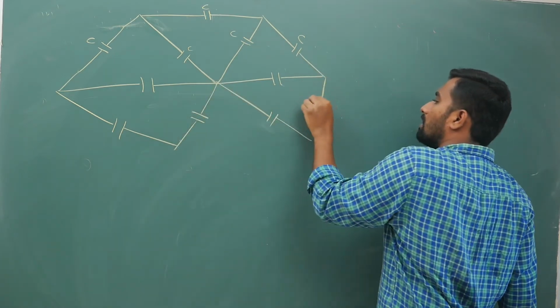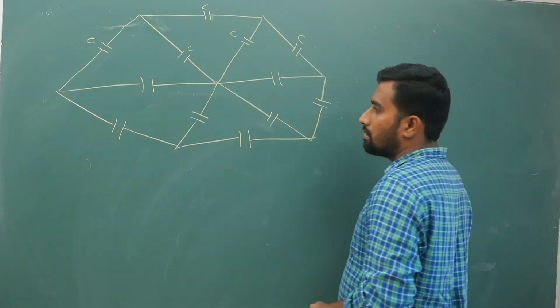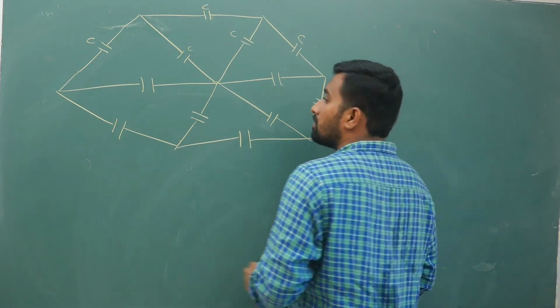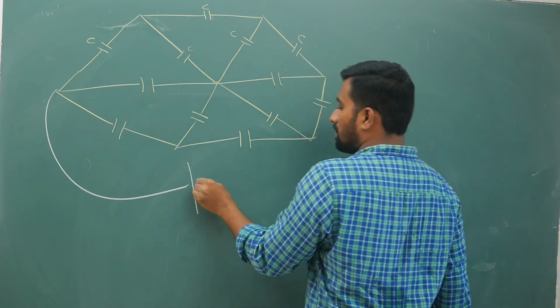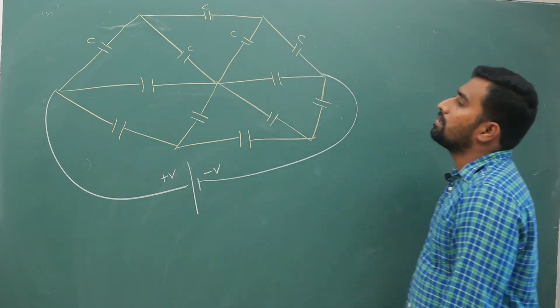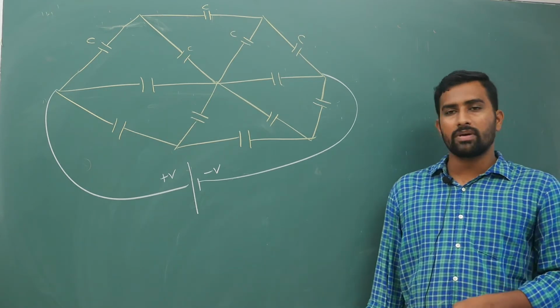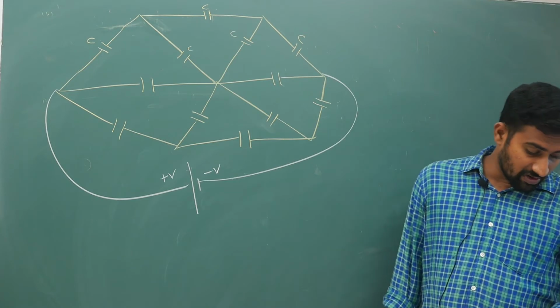Here also you will have your capacitance. Now you are supposed to give the equivalent capacitance. This is plus V, minus V. So follow the same method. Only thing is, pause the video clip, mark the potentials and then simplify it.